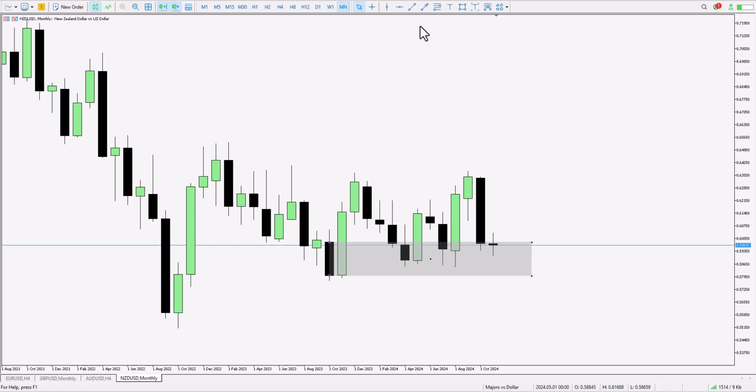If you look at this demand zone right there, you can see how price has been finding support here. That's 1 here, that's 2, and currently we are trading inside that level. So on each and every occasion, price has been finding support inside the demand zone.